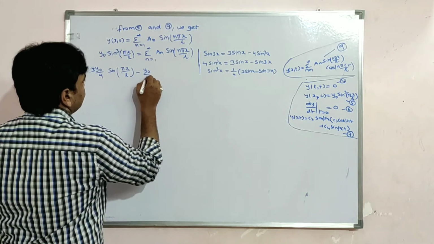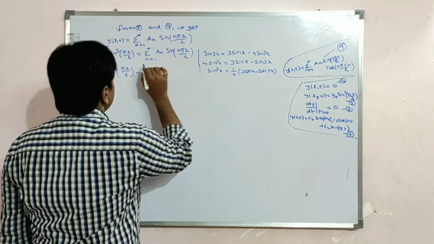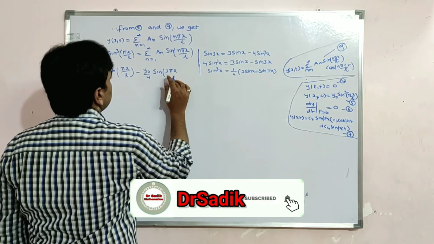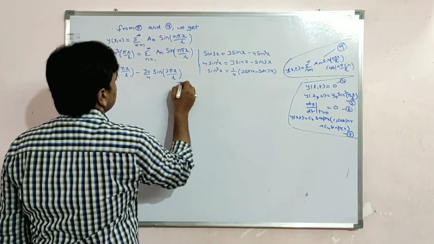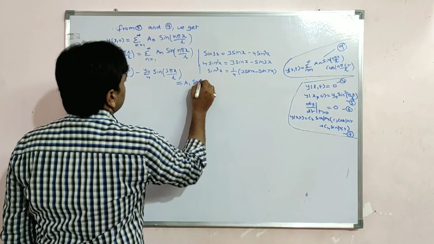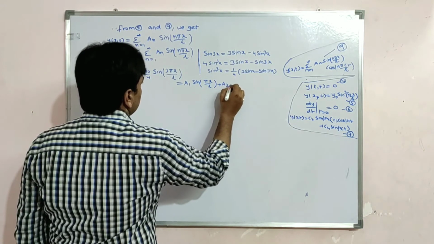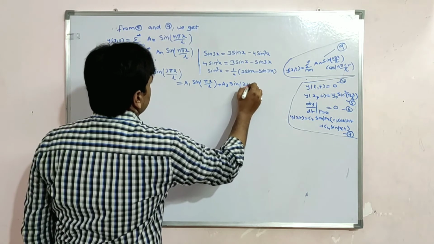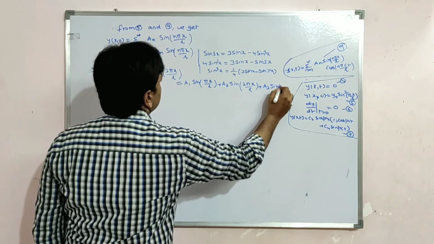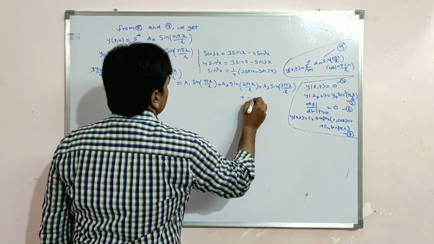So y0 by 4 into sin 3x students, multiply with 3, so we get here 3 pi x by L. So that is equal to, now substitute n equal to 1 students. So a1 sin pi x by L, plus a2 sin 2 pi x by L, plus a3 sin 3 pi x by L, plus and so on.